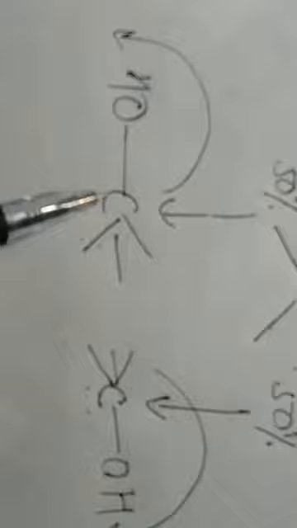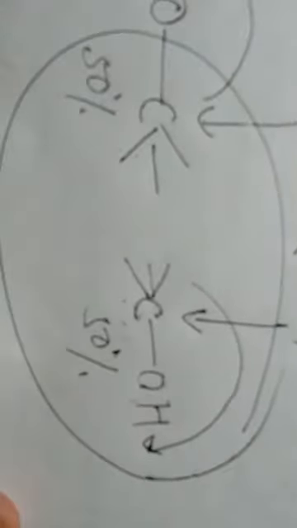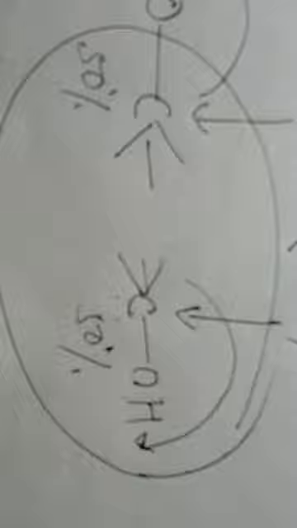Okay, so due to the 50% attack, these two enantiomers will be formed in 50% amount. Okay, so overall a 50% amount of each of these two products will form as a mixture under the SN1 mechanism, and this mixture will be known as a racemic mixture.